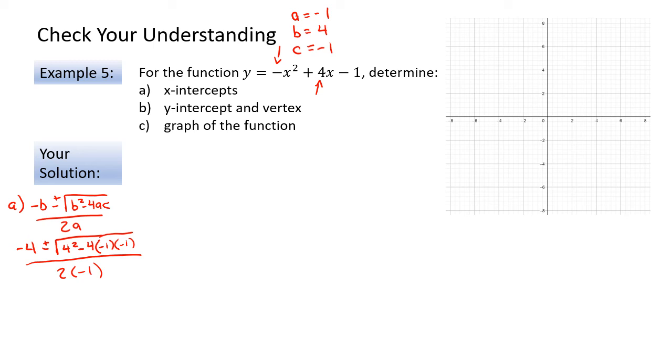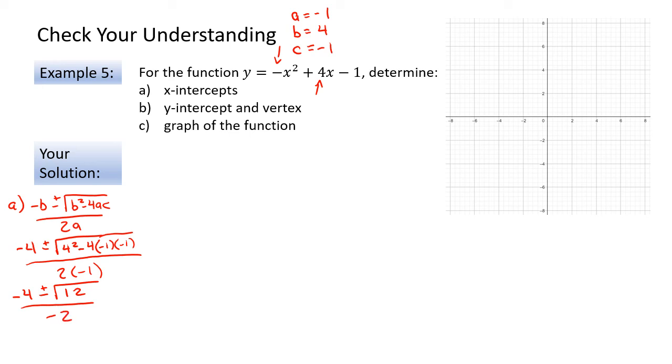Simplifying this, I get negative 4 plus or minus the square root of 4 squared, which is 16, minus 4 times negative 1 times negative 1, which is 4. So we get 16 minus 4, which is the root of 12, divided by negative 2.